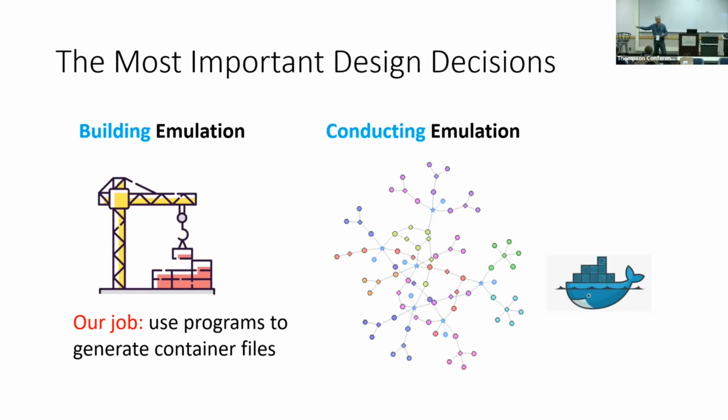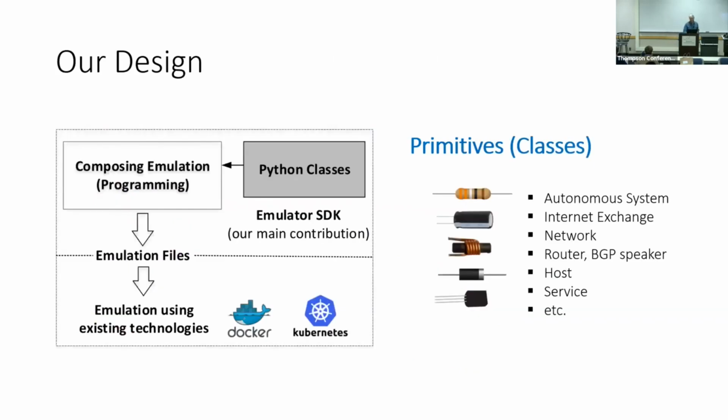And to build that, that was another decision we had to make, because a lot of existing work has a different way to build it. Eventually we decided we're just going to let the user write Python code to build that, and that will be much easier. So basically what we are doing is building a Python library for every single essential element of the internet.